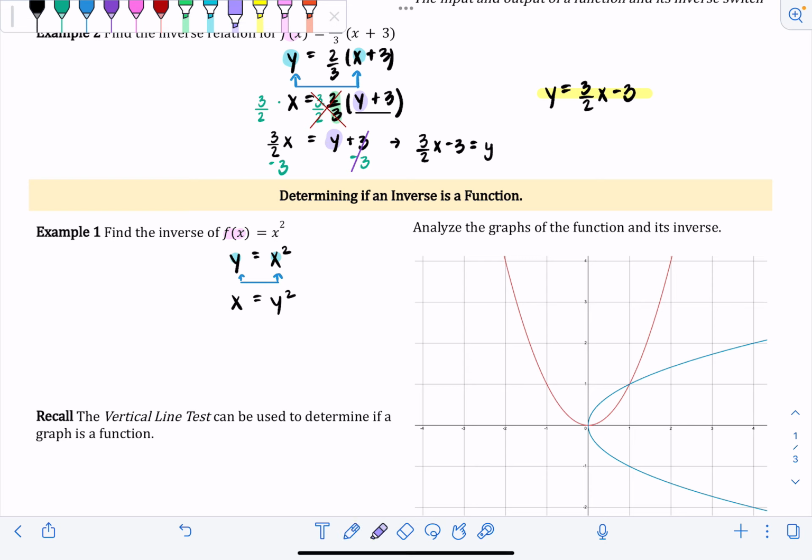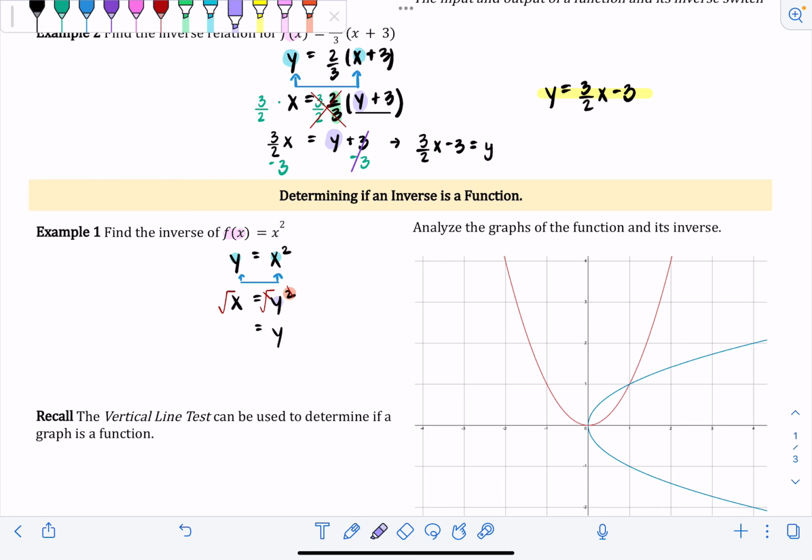And then step 3 is to get y by itself, or to solve for y, isolate it. So for that y squared, to cancel out this exponent, the opposite of squaring something would be square rooting something. So I would have to take the square root of both sides, and that would cancel out the exponent, and it would leave me with just y, which is what I want.